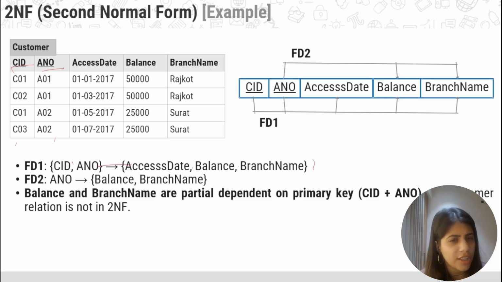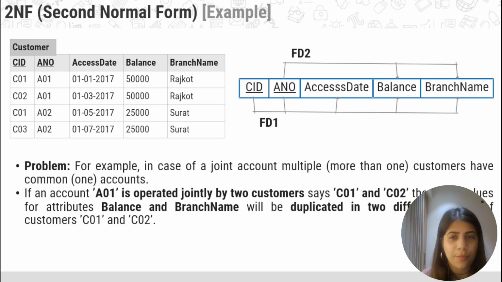What is functional dependency 2? Account number alone can also determine the balance and branch name. So balance and branch name are partially dependent on the primary key, which is customer ID plus account number. So the customer relation is not in 2NF. How do we solve this problem? For example, in case of a joint account, more than one customer has a common account.